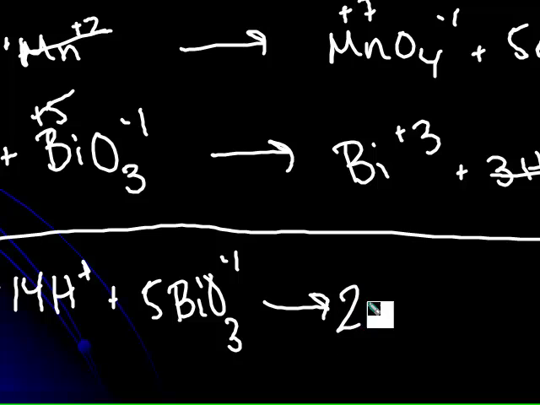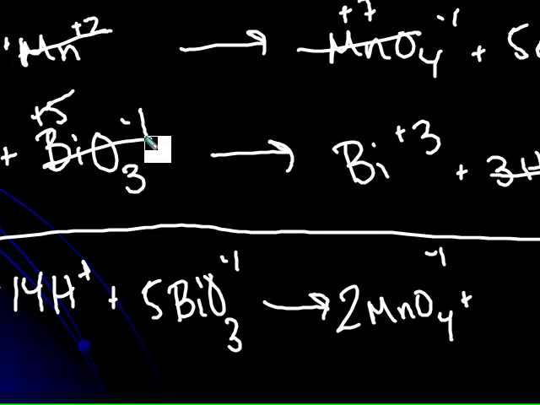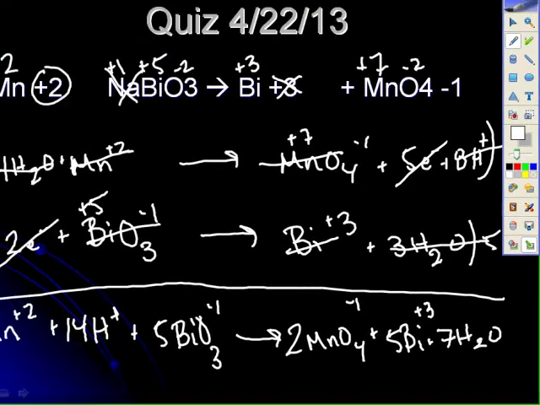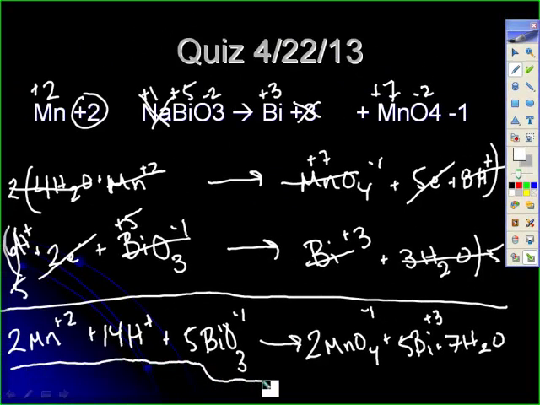I have 2 MnO4 -1s. And 5 Bi +3. And then of course my 10 electrons up top and my 10 electrons in the bottom. So this is your final balanced equation. So there's your answer.